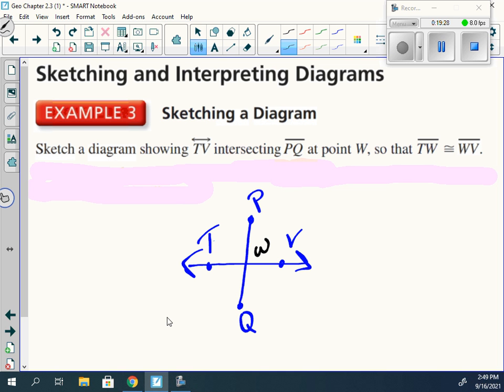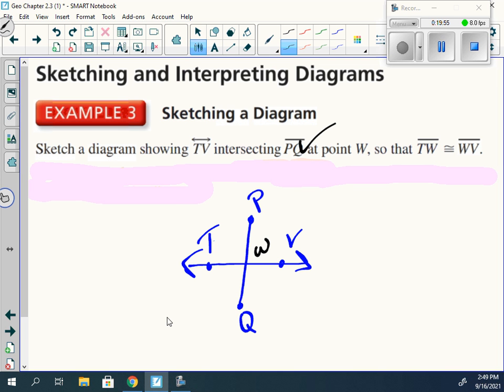Is there anything else we need to add? So we have a diagram showing line TV intersecting line segment PQ, yes? Okay, we have that. And it's at point W. So that TW is congruent to VW, yes?